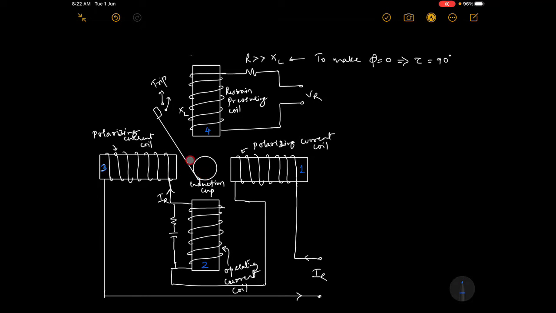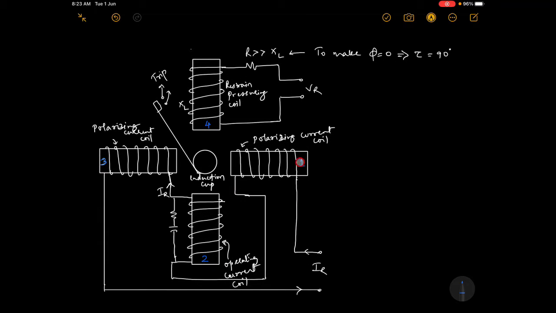Polarizing means giving a particular direction. See, when the current flows, the same current will flow in the polarizing current coil, in the operating coil, and in another polarizing current coil.